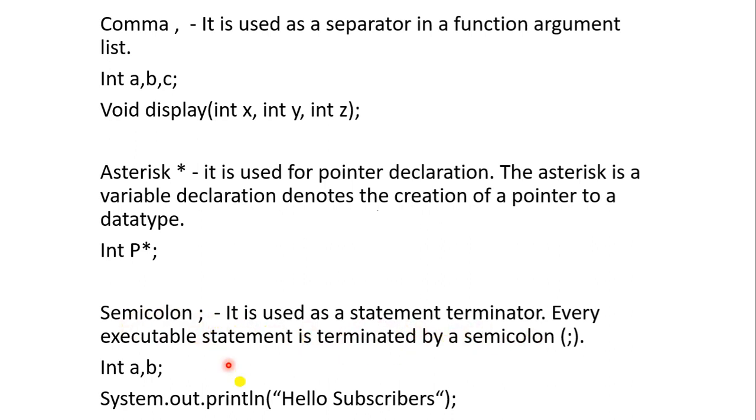So semicolon is used to terminate statements, marking the end of the line. After the semicolon we go to the next statement, the next line. So this line has ended now, and this is what is called terminated.